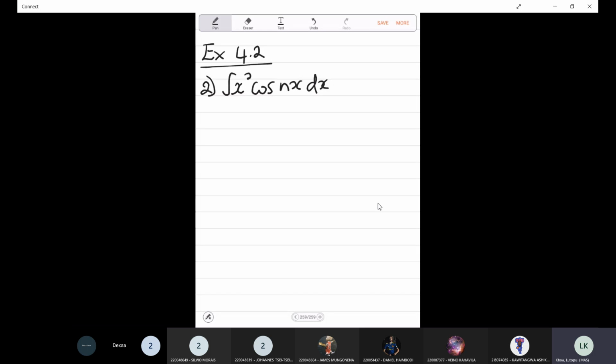So we need 2 terms, what we will differentiate, what we will integrate. So usually we differentiate x squared because the derivative will eventually go to 0. So we have x squared, and we will integrate cos nx.